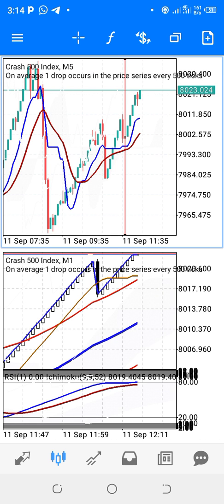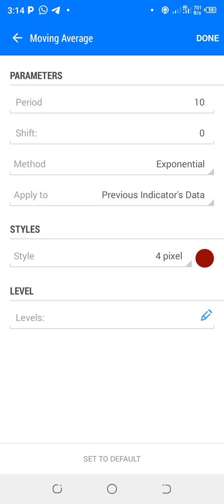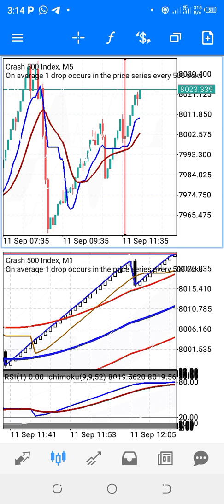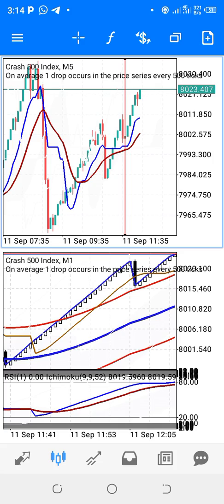Then the next one is this moving average. Please, you can just write it down quickly or take a screenshot, and that is done for you to identify the trend. Then you use it in the M5 time frame.